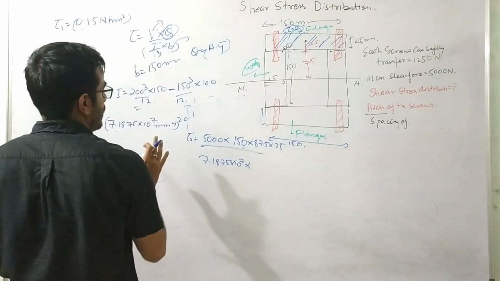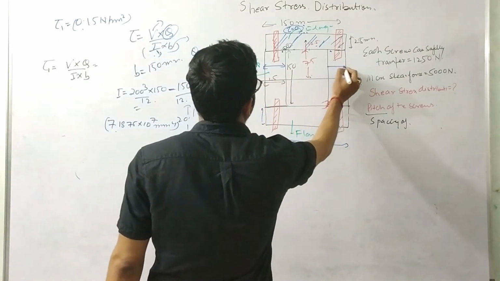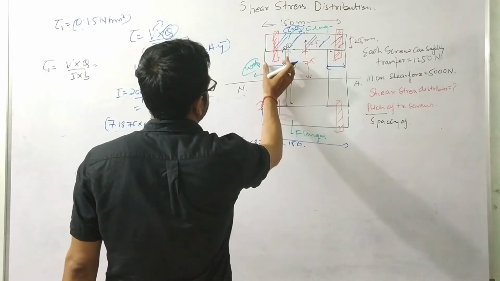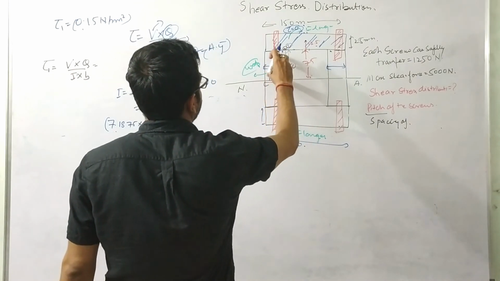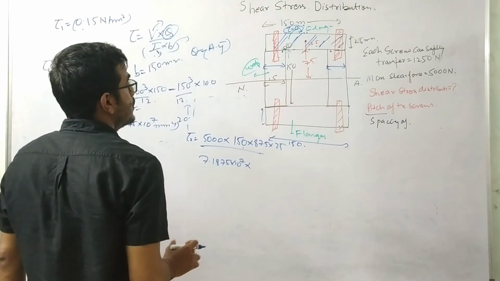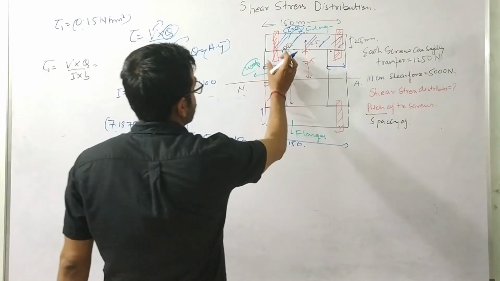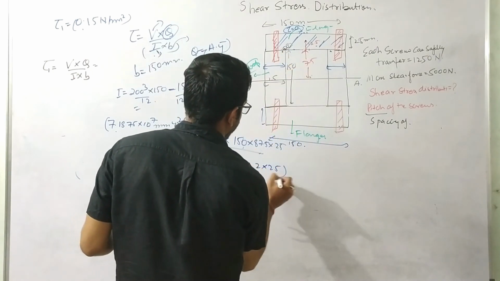And B will be these two distances added, because at this section we have two widths and my shear stress will be distributed between these two widths only. So just below the junction, B will be 2 into 25.